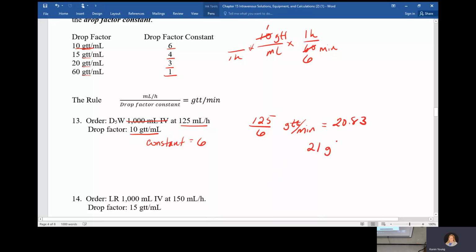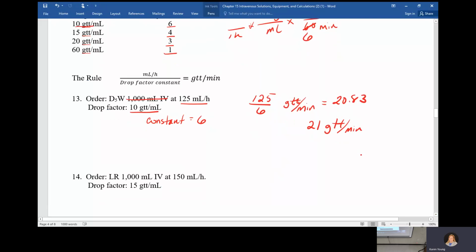So I get 21, or 20, I'm just going to put 21 this time, drops per minute. It's a little faster, but you've got to have the rate per hour, and then you've got to know what your constant is. Your constant is just whatever your drop factor is and seeing how many times it'll go into 60. Okay, so if y'all try number 14.